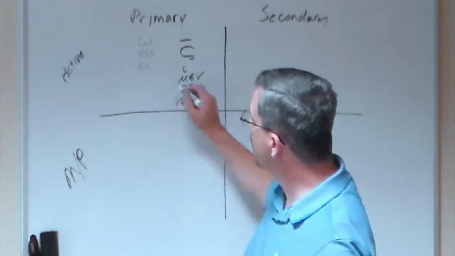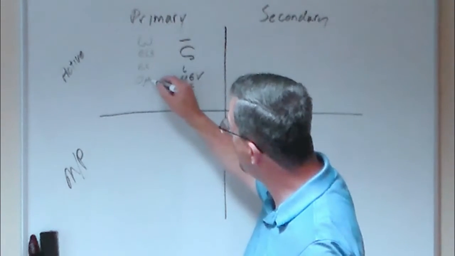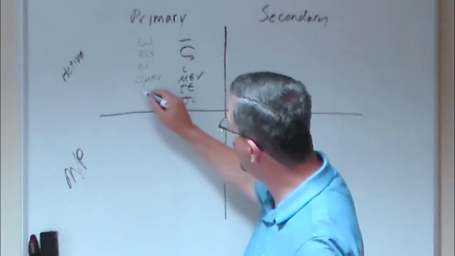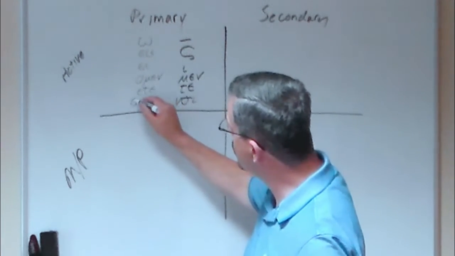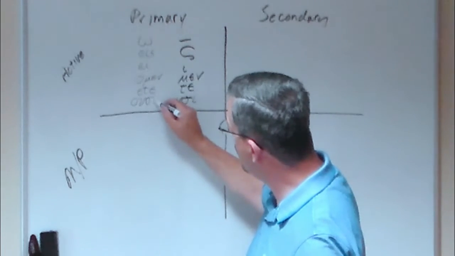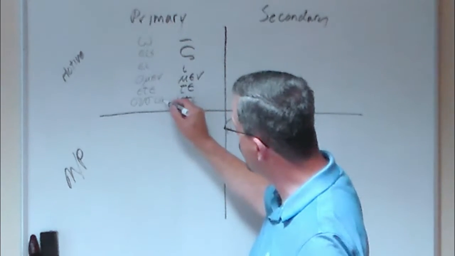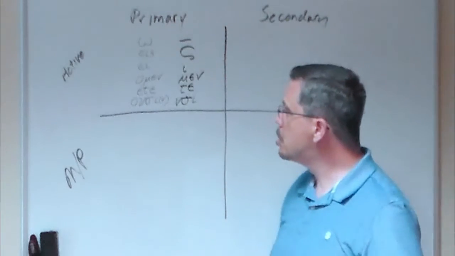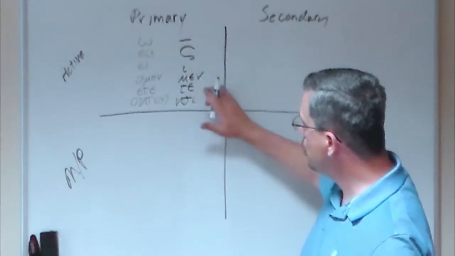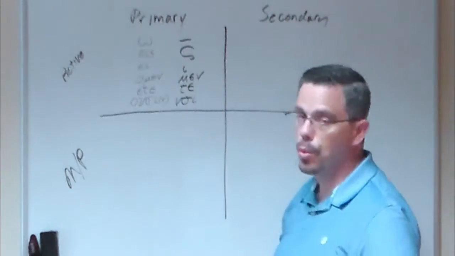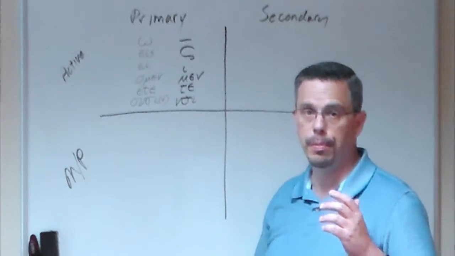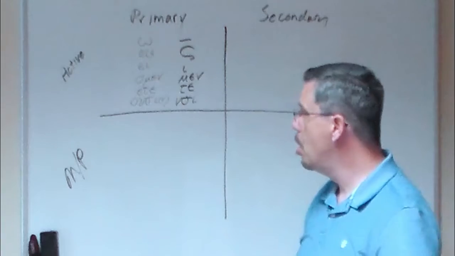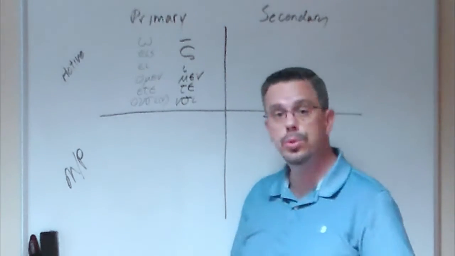All right, and then we come down here and it's amen, ete, and then usi, with the possibility of a movable nu. Okay, so these are the actual endings. These are the way they tend to look on the present active indicative words. Oes a, amen, eta, usi.